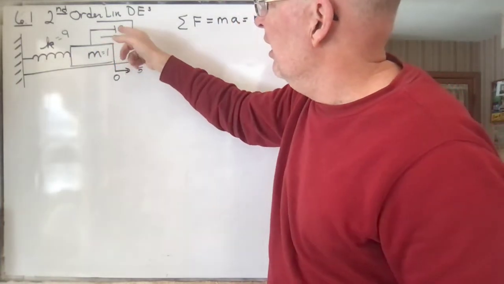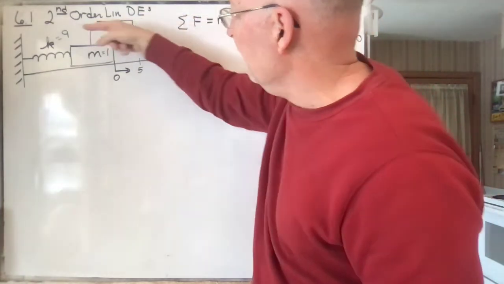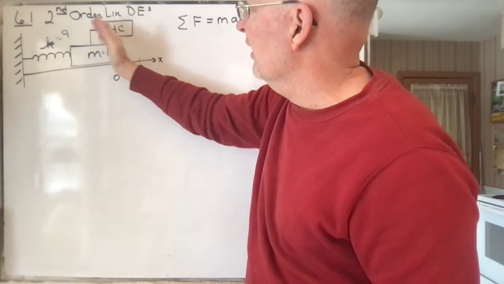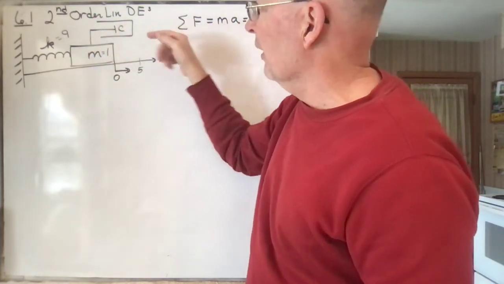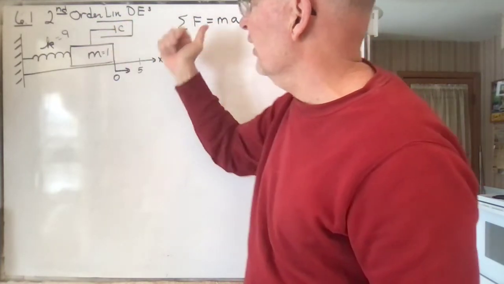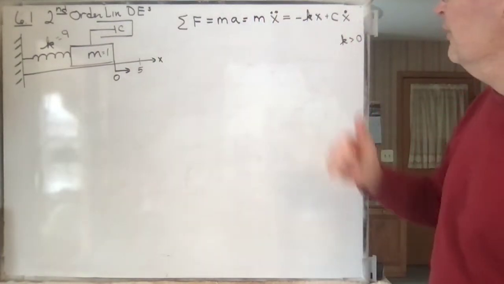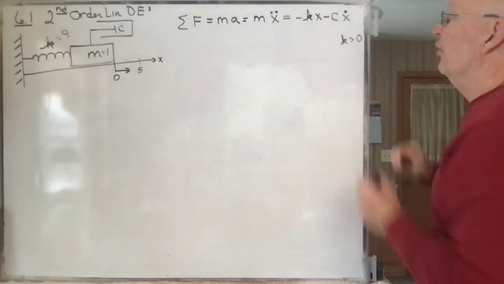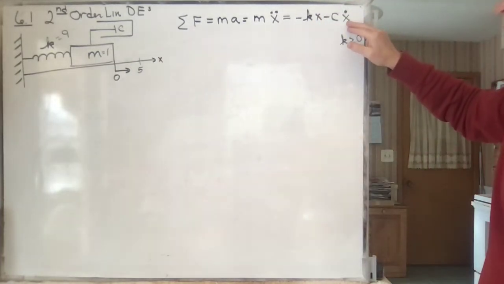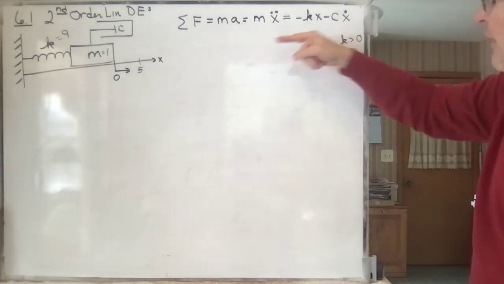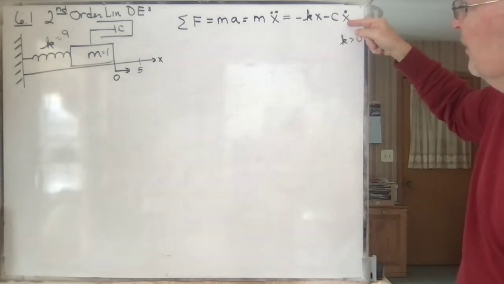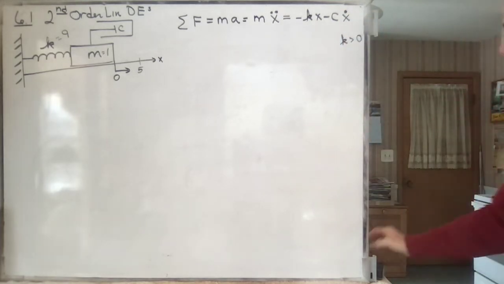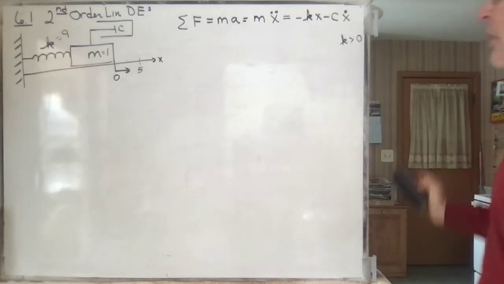On the other hand, if this thing is moving to the left, if the velocity is negative, then the force is trying to push it positive again. It's resisting the motion, so it's pushing in the positive direction. So we want a negative here, so that when the velocity is positive, the force is negative, and when the velocity is negative, the force is positive.